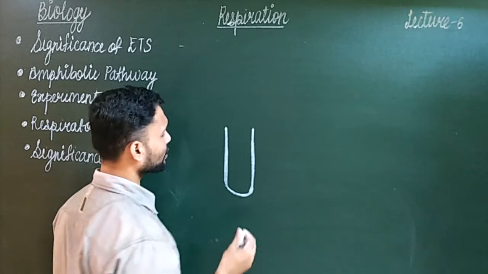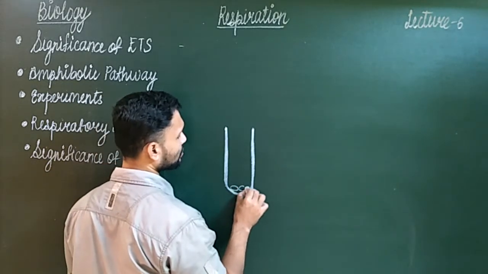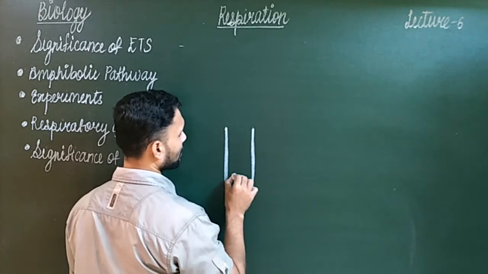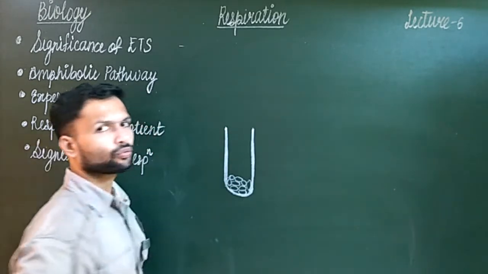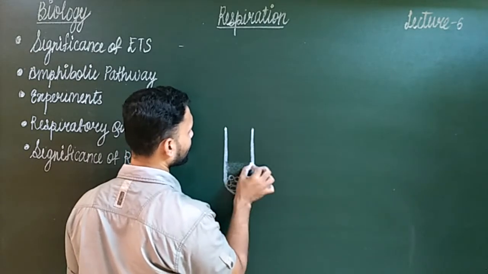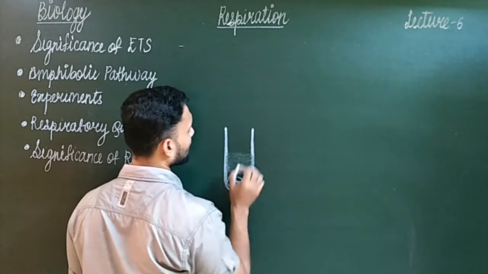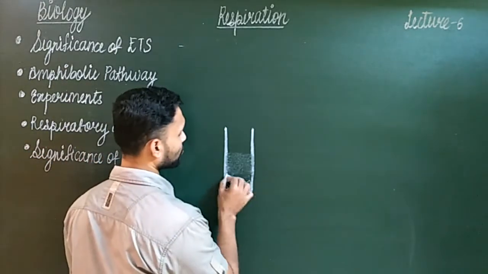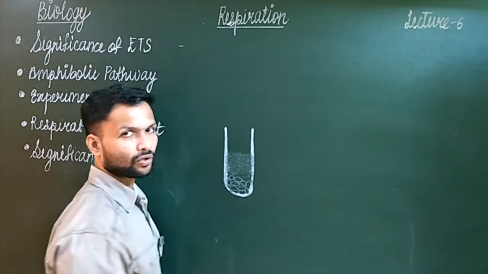Seed coats remove होने से germination आसान हो जाएगा. So there are a few seeds taken over here, and then they were poured with mercury. This was filled with mercury. Now obviously mercury is heavy, so it will also be covering this.